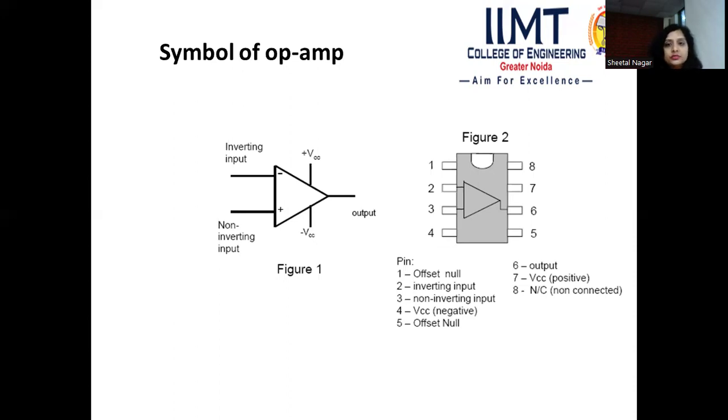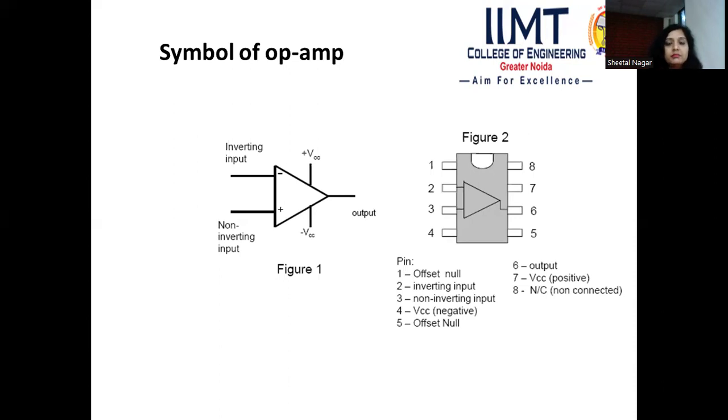In figure 2, this is the pin diagram for the 741 operational amplifier IC. Pin 1 is used for the offset null. Pin number 2 is used for the inverting input, and pin 3 is used for the non-inverting input, which means pins number 2 and 3 are used for input to the operational amplifier, as indicated inside the IC also.